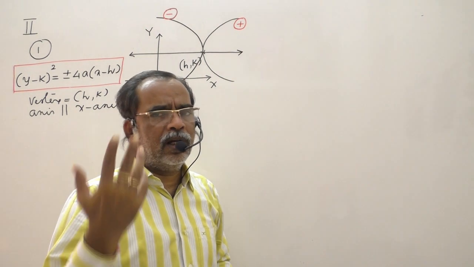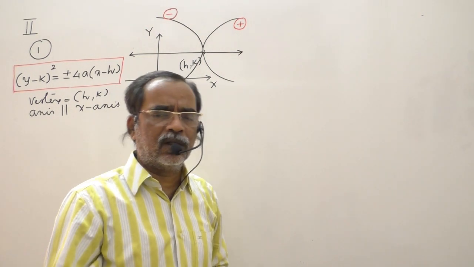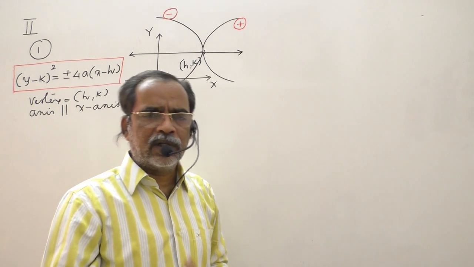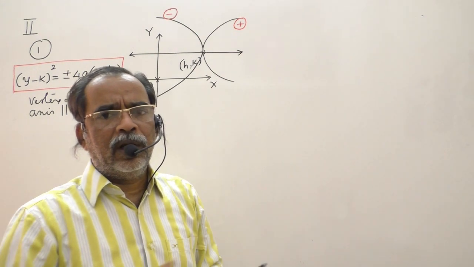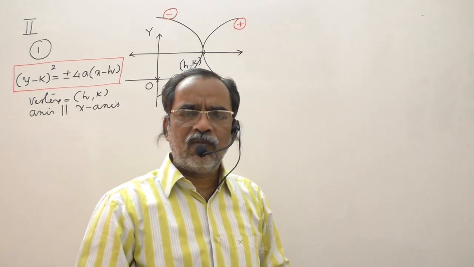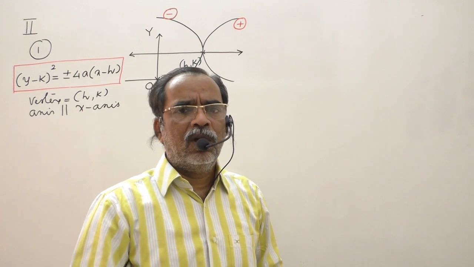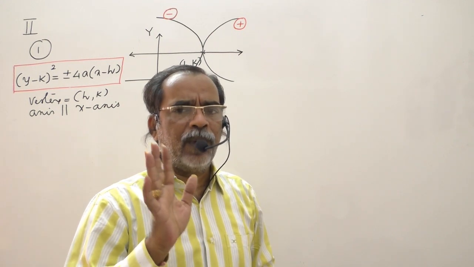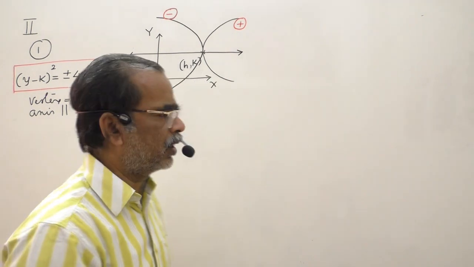It can lie in any quadrant. It can lie in first, second, third, fourth, or first and second, third, fourth. No meaning is there for this. What is important? Axis is important. Whenever axis is parallel to x-axis, vertex is h comma k.